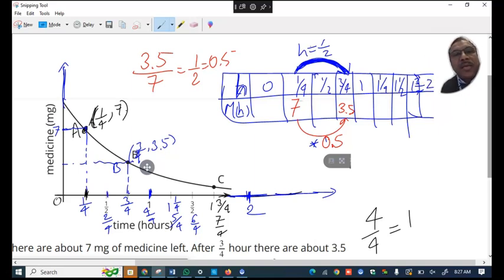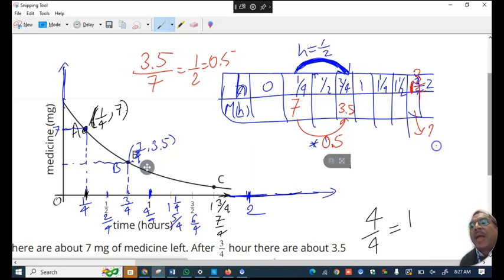But the question is, about how many milligrams of medicine are left after 1 and 3/4 hours? Explain it. So 1 and 3/4, where is 1? Here. 1 and 3/4 is right here. How much medicine do you think stays here? So the question is, by knowing this piece, can you figure out that piece?